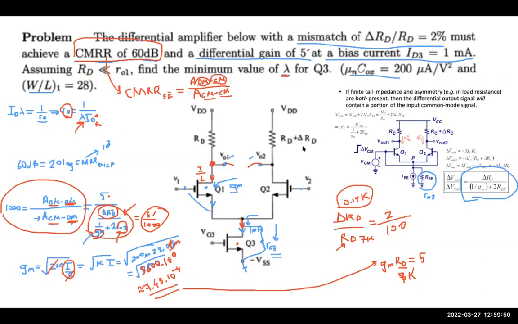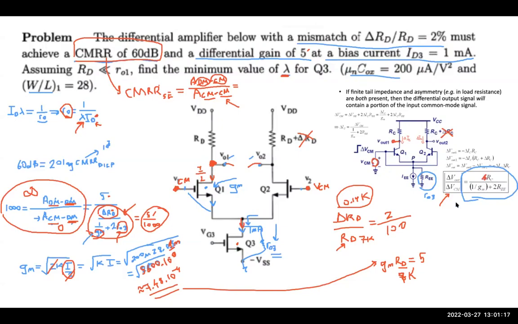If there is no mismatch, this one is infinity, because this is 0. But even if there is no mismatch, this one is not 0. You apply a common mode signal and you get some output here. You apply two signals at the same voltage, and you see some portion of the common mode signal at the output. This is the formula: RC over 1 over GM plus 2 REE.